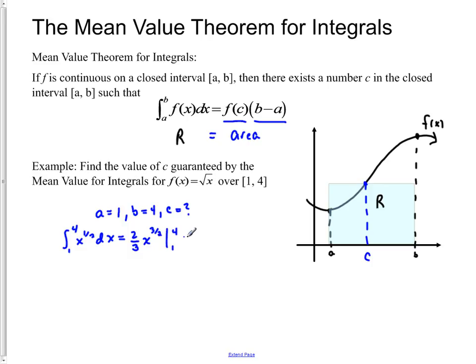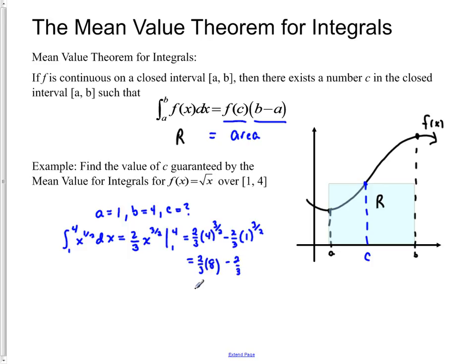So doing a little bit of math right here to find our value, 2/3 of 4 to the 3/2 power minus 2/3 times 1 to the 3/2 power means that we're going to be taking 2/3 times the square root of 4 cubed, that's 8, minus, well, this is just 2/3.